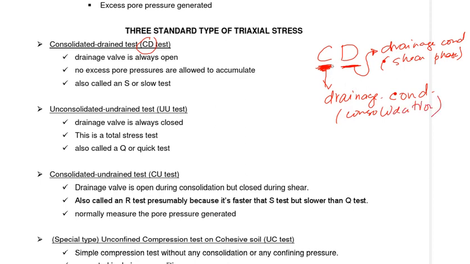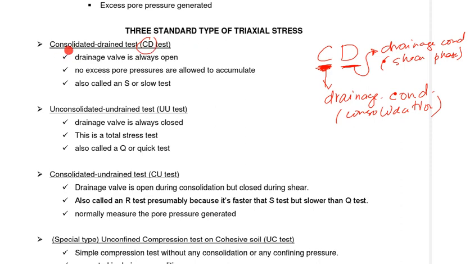So, the first letter specifies the drainage condition during the consolidation phase, and yung pangalawang letter naman natin, this specifies the drainage condition during yung ating shear phase. So, meron tayo dito the three standard types of triaxial test.